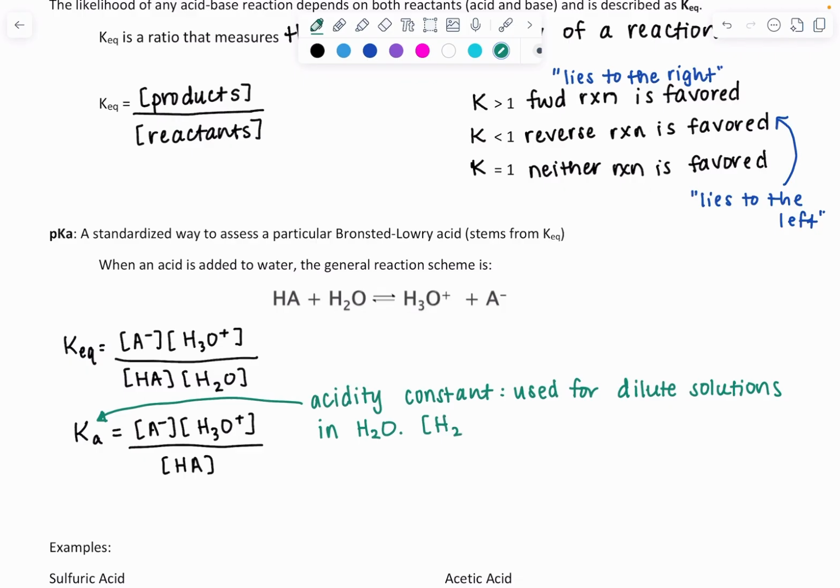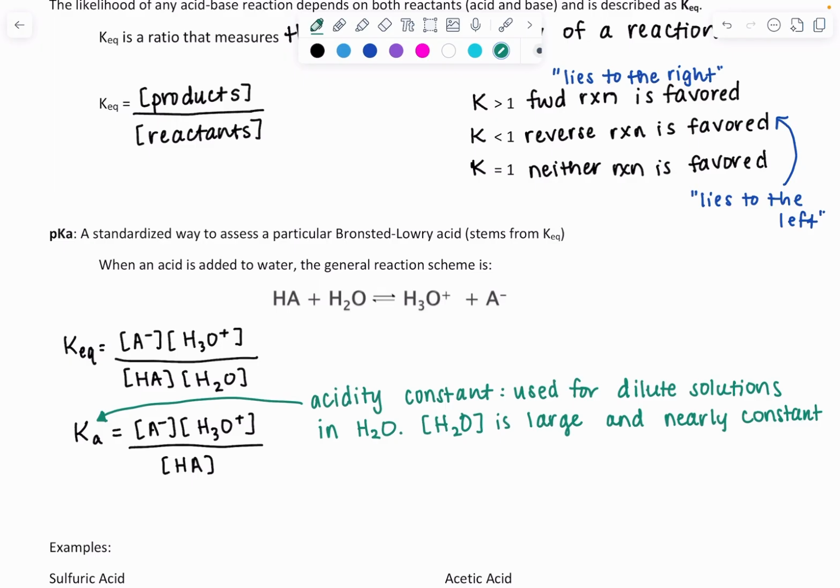The H2O concentration is large and nearly constant. So we will not include it in our Ka or in our calculations. So water concentration just always left off.